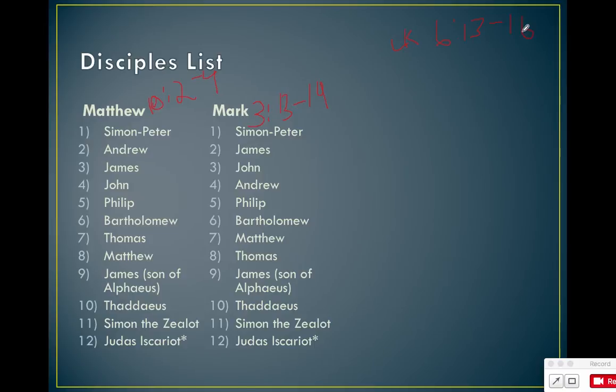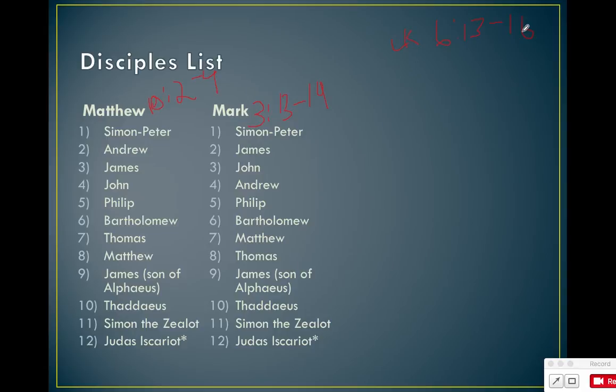And when it was day, he called unto him his disciples, and of them he chose 12, who also he named apostles. And then verse 14: Simon, whose name is also Peter, Andrew his brother, James and John, Philip and Bartholomew, Matthew and Thomas, James, the son of Alphaeus, and Simon called Zealot, and Judas, the brother of James, and Judas Iscariot, who also was the traitor.